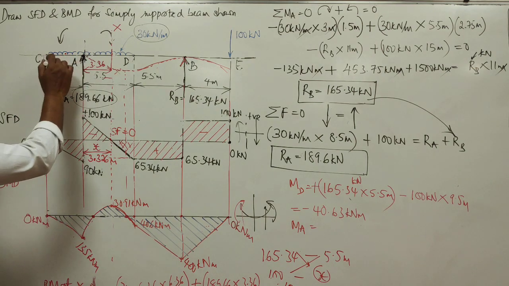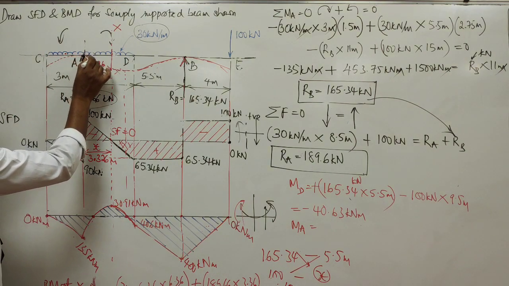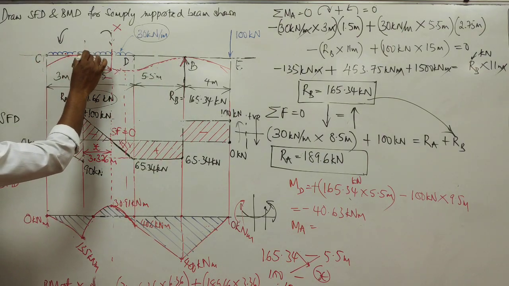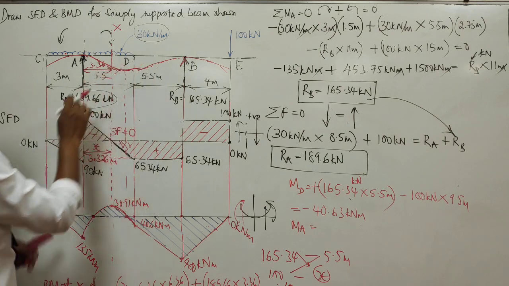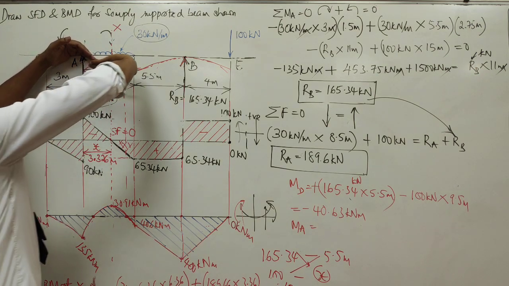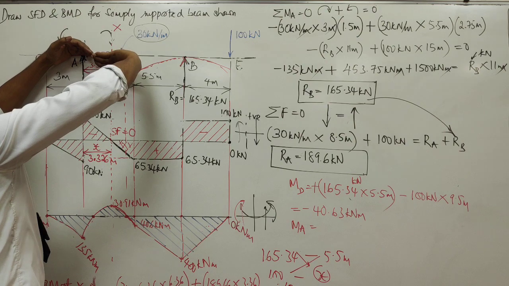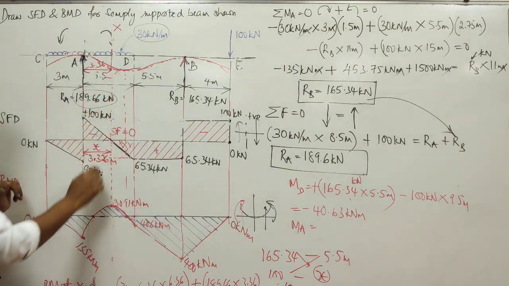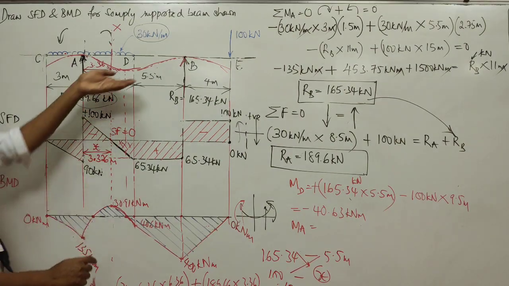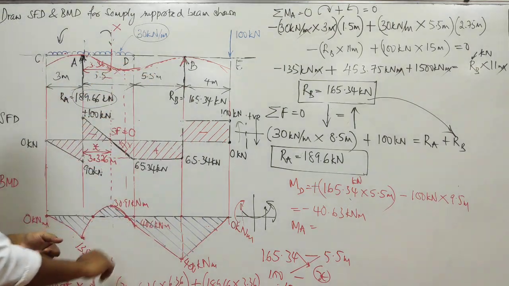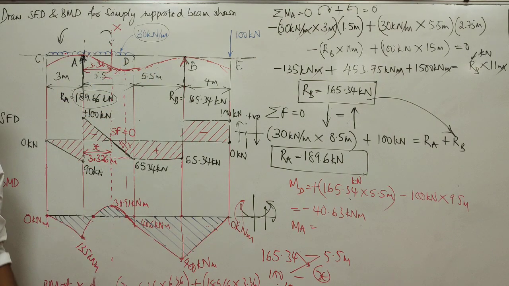So the beam goes from hogging to sagging, and again it bends. Where this hogging changes to sagging, that is one point of contraflexure. Again, at this sagging to hogging point, it will change direction. So that is one more contraflexure.